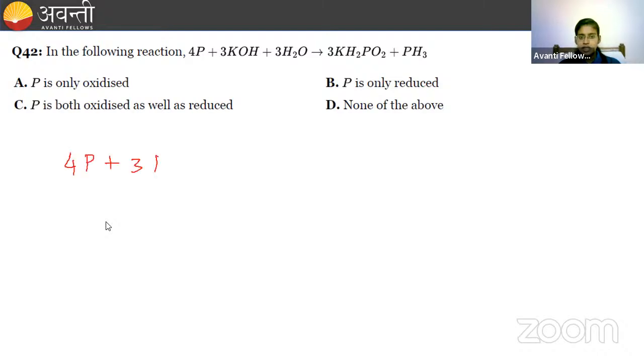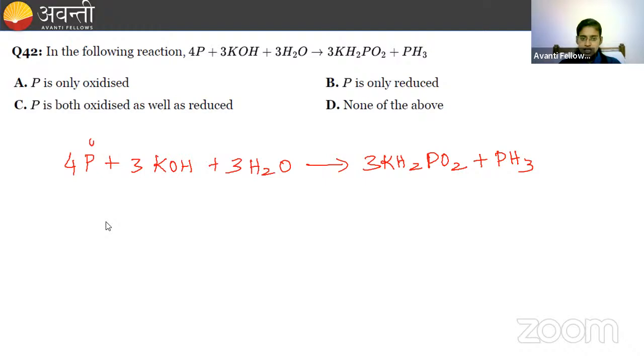4P plus 3 KOH plus 3 H2O giving 3 KH2PO2 plus PH3. So the elemental phosphorus will have zero oxidation state. And here in the product side, if I check for the oxidation number of this phosphorus, let me take it as X. For potassium, it is +1, and for hydrogen also, it is +1.